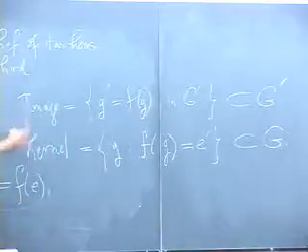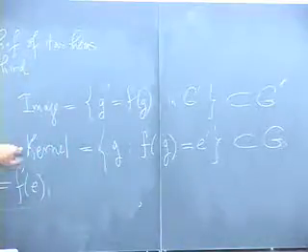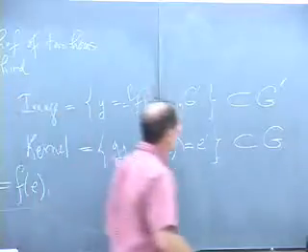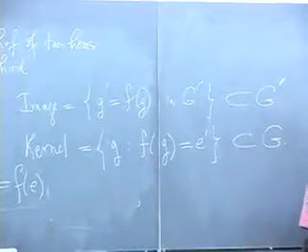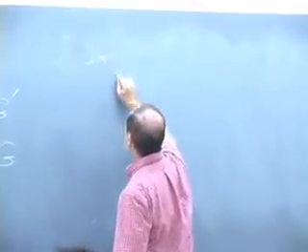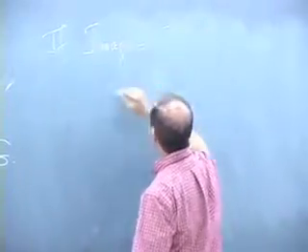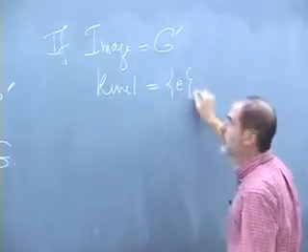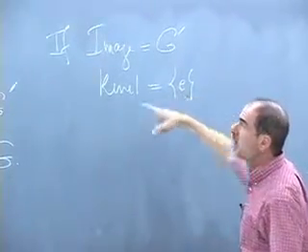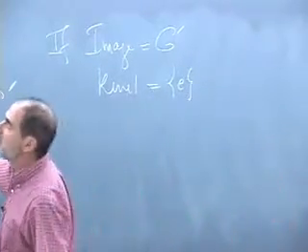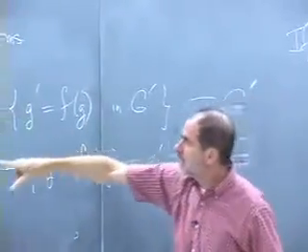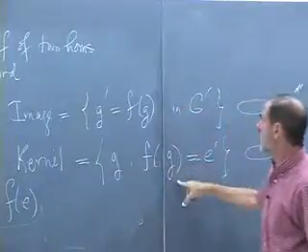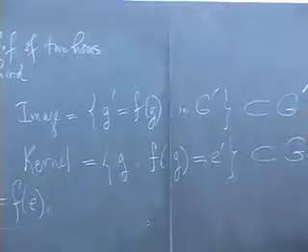And if both of these are trivial, so if the image is equal to G prime and the kernel is equal to the set e, which is always in the kernel, the image always contains e prime by the fact that f of e is e prime, and the kernel always contains e.